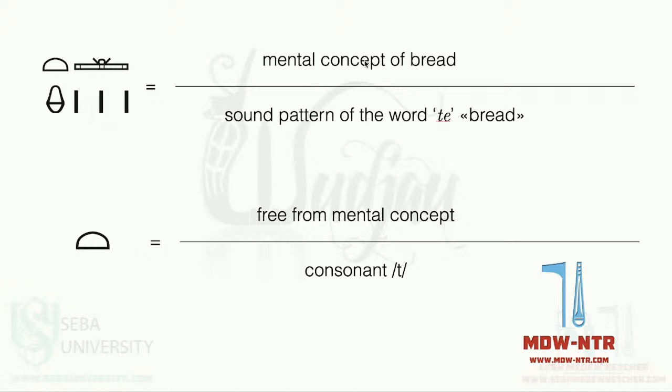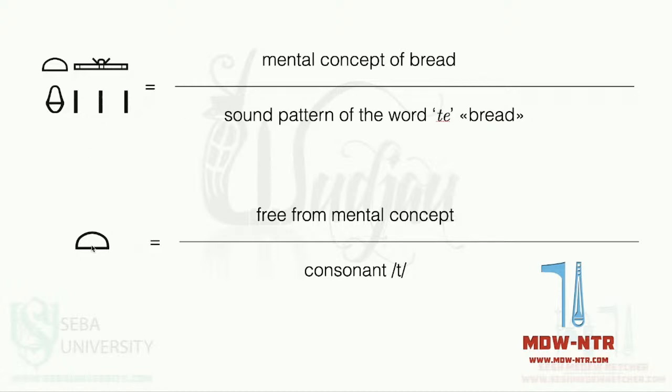A bunch of flour that's baked and it rises and everything like that. That's what's on the concept side. On the form side, when it's written, it looks like this. You see the glyphs right here. But as far as a sound pattern, the way we pronounce it today is T or te. Okay? So that's what it is.